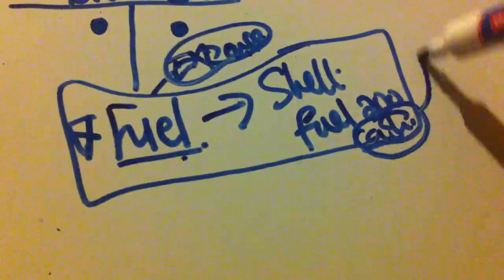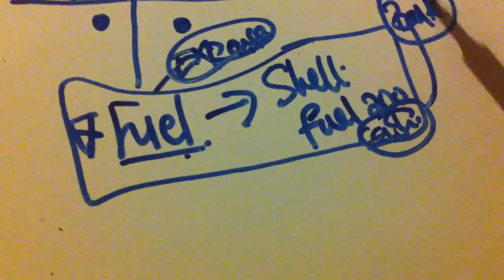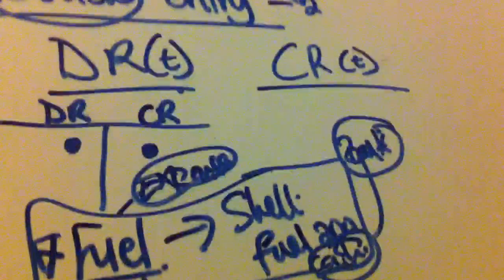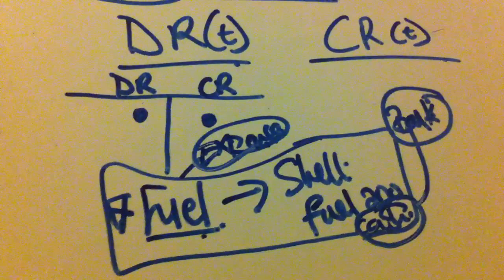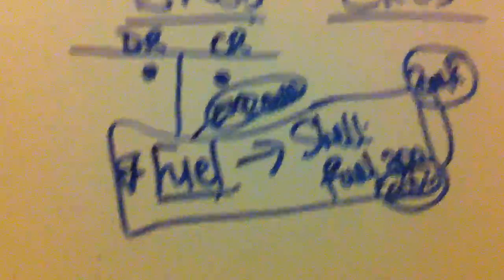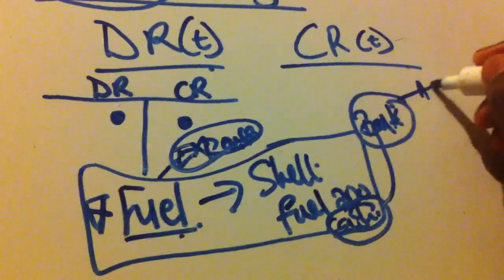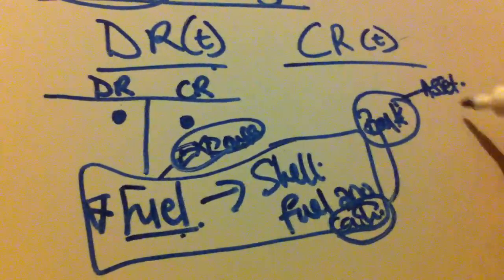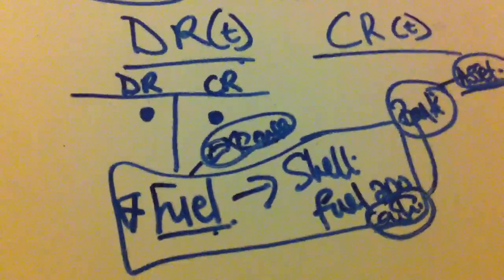So there is something that you are using there. It's money. You're using your bank account to buy fuel. Money is an asset. Your bank account is your asset, isn't it?